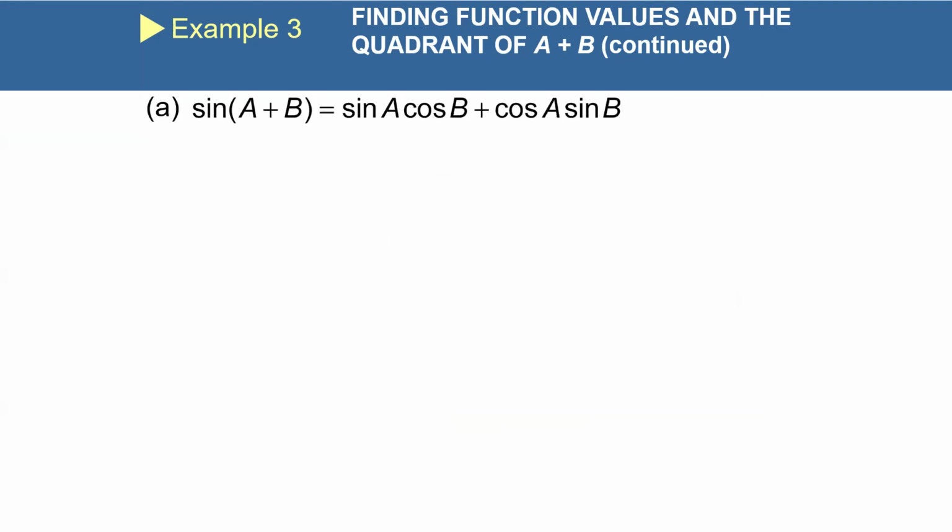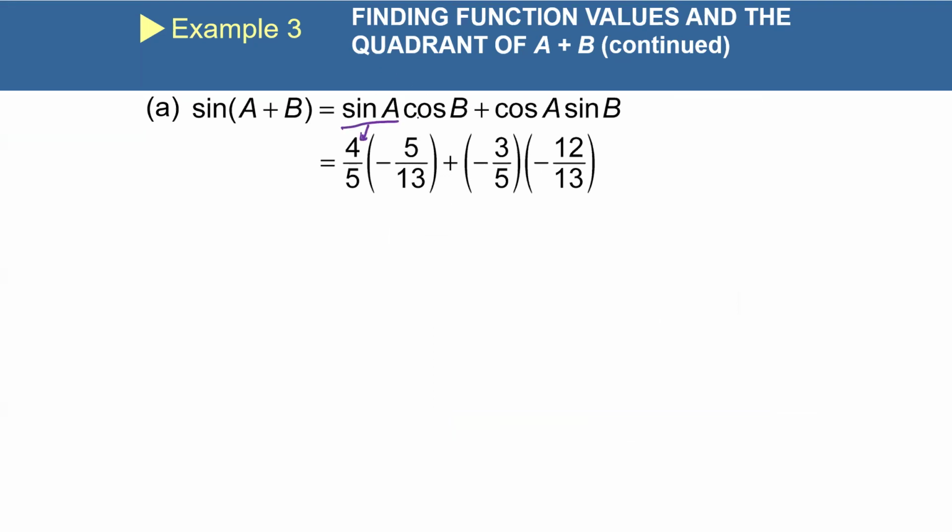So now we're ready to plug in. For sine of A plus B, the identity is sine A times cosine B plus cosine A times sine B. We're going to literally substitute in those values. So we know that sine of angle A is 4/5, cosine of angle B is -5/13, cosine of angle A is -3/5, and sine of B is -12/13.